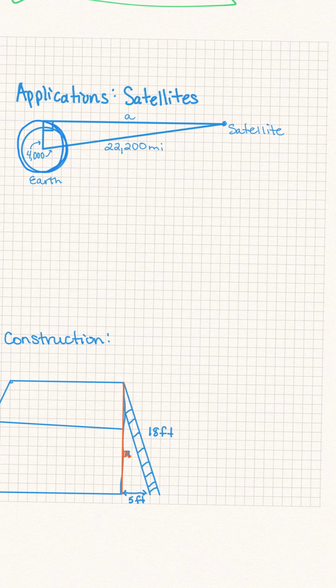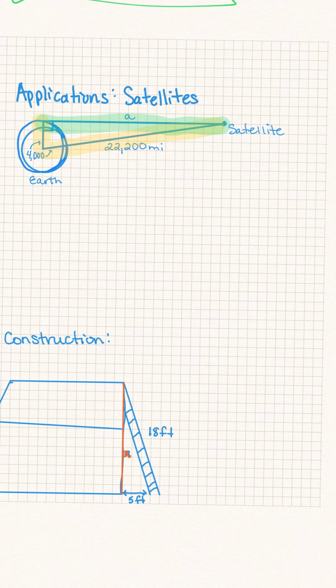If this is 4,000 miles and this is 22,200 miles, and we want to know how far it is from the satellite to this point on Earth, we can use the Pythagorean theorem to figure that out.